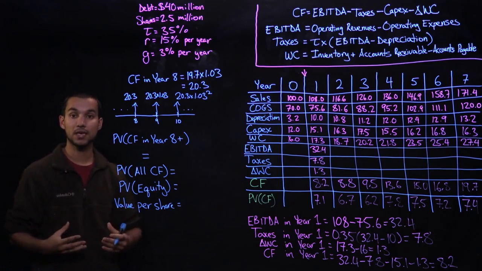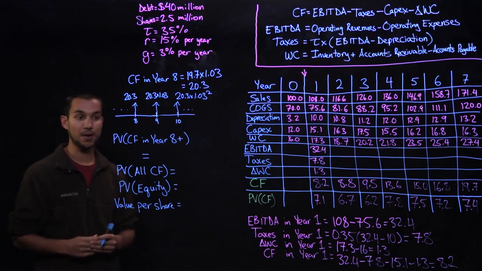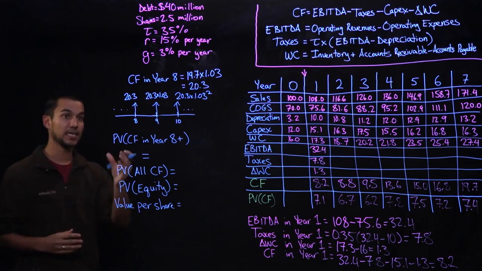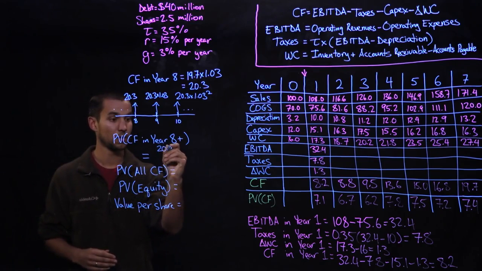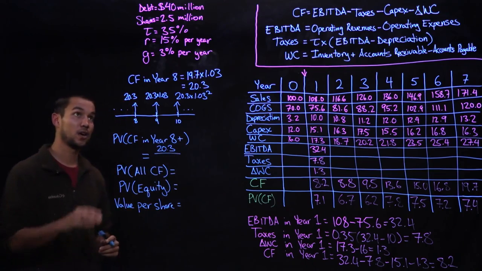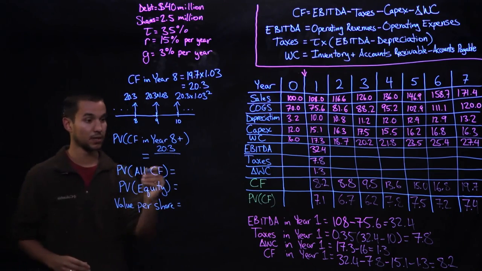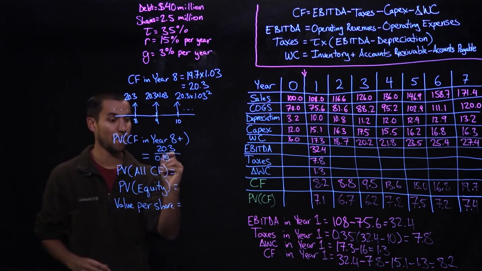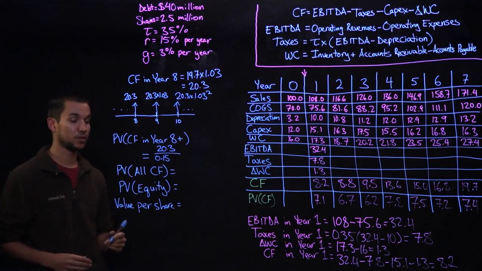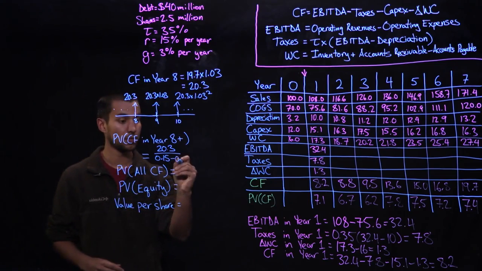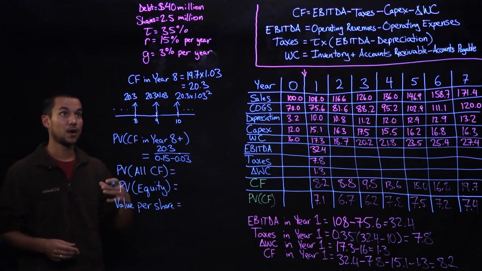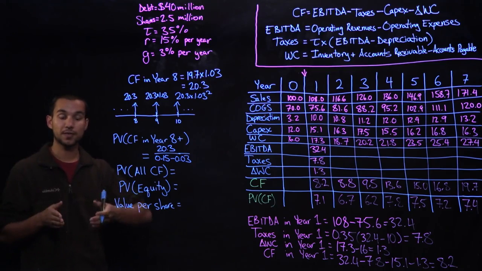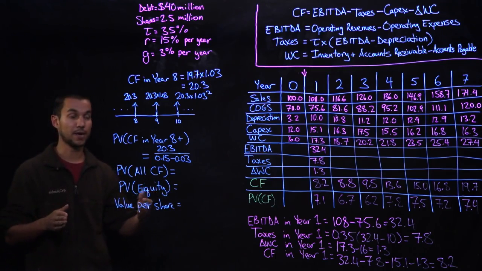Remember that the formula for a growing perpetuity is x over r minus g, where in this case x is going to be 20.3, r is our cost of capital, 15% per year, so 0.15, and our growth rate, g, is 3% per year, 0.03.